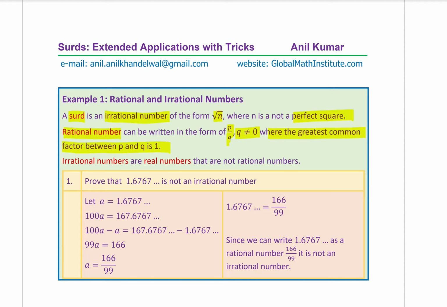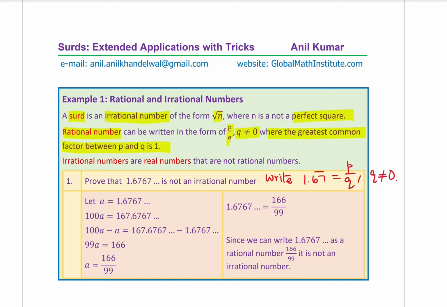So the question could also be said as write 1.67 recurring in the form of P over Q, where Q is not equal to 0. Correct? So that could be another way of writing the same question. So it becomes a rational number.